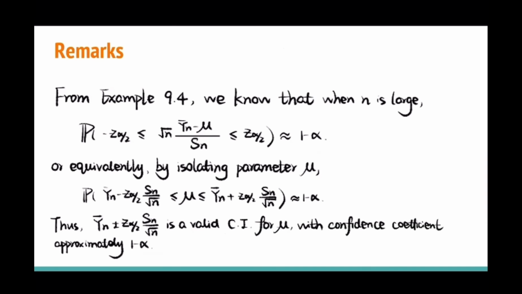Now I want to have remarks. So the moment the convergence of that actually takes place, the implication is that this guy being an estimator now, we can construct a confidence interval on that.